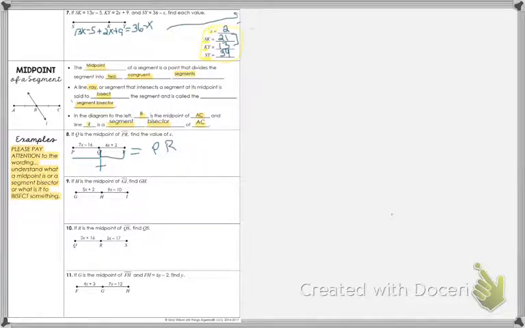Well, before I write it, here is the conundrum. I just told you that Q is the midpoint. If Q is the midpoint, that means that these two are actually equal to each other. That means that 7x minus 16 is exactly the same size as 4x plus 2.